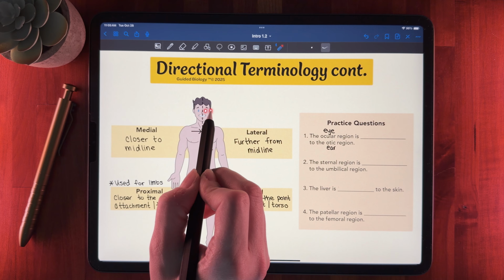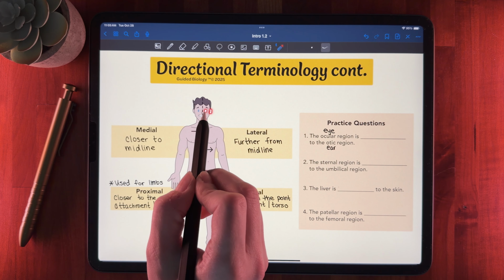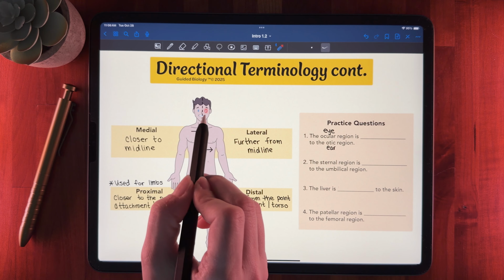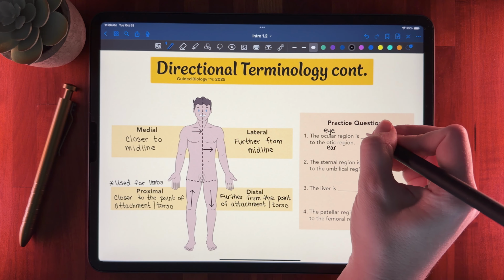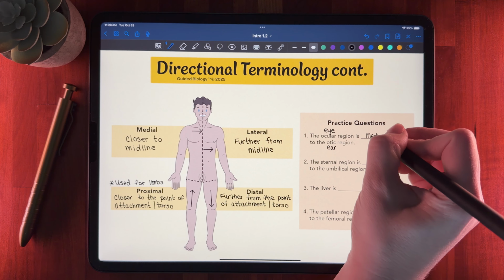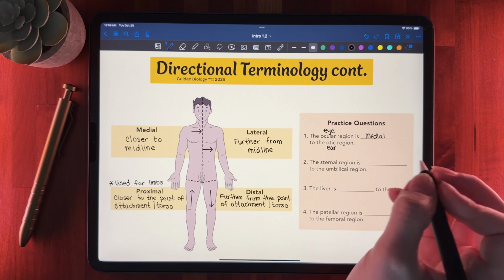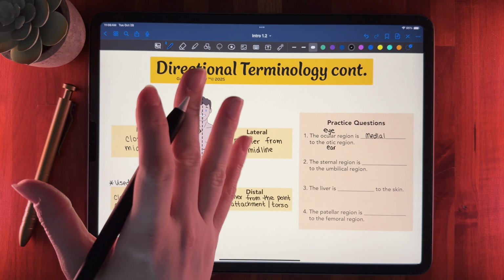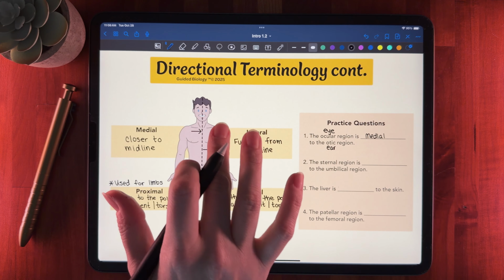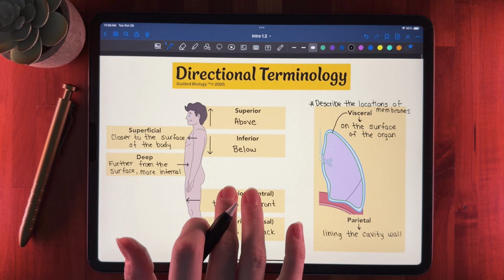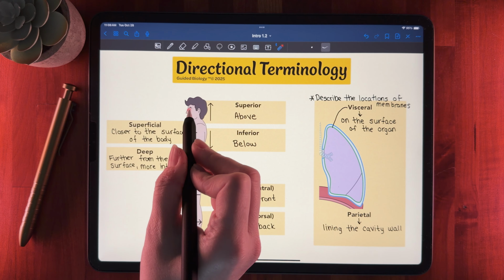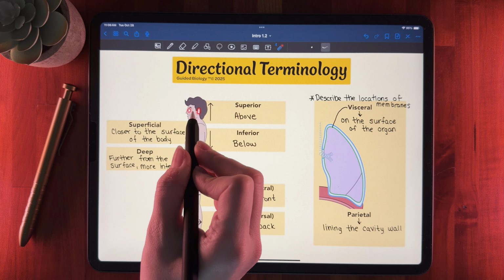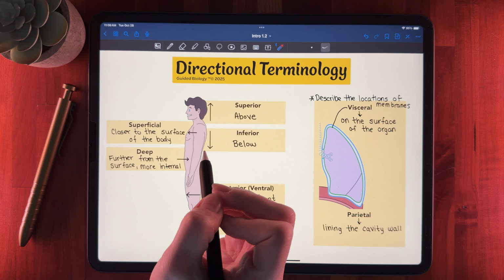Looking at this picture, the eye is medial, so it's closer to midline than the ear. That would be correct. However, if you're also envisioning the body from our previous angle, looking at it from here, you could also be correct in saying that the eye is anterior, so it's closer to the front than the ear.